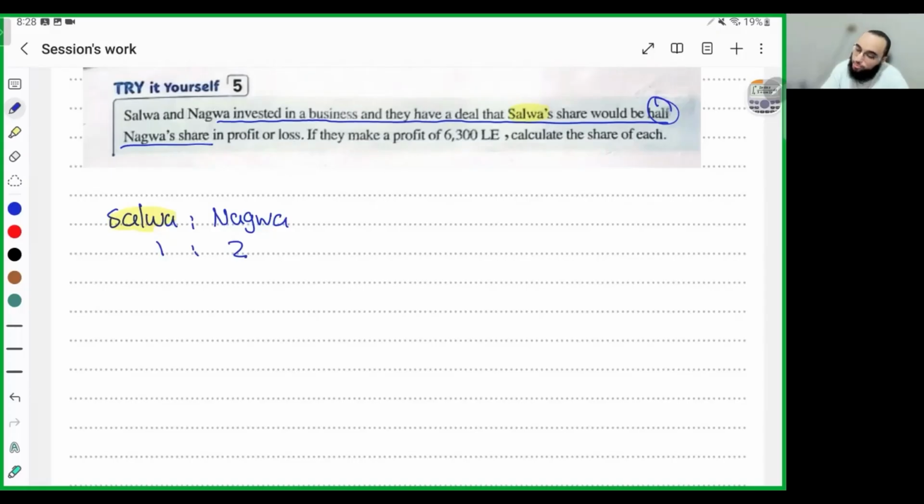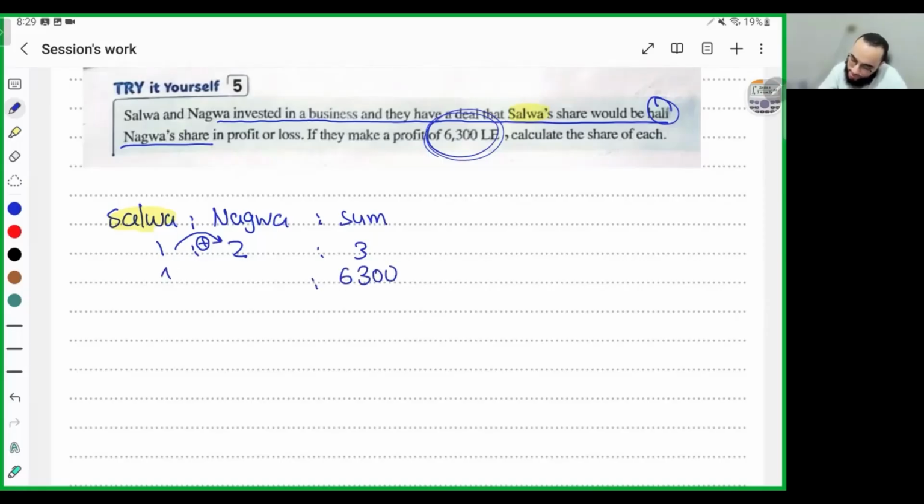Complete. They make a profit 6,300. Could you tell me, Yusuf, 6,300 is for Salwa's share or Nagwa's share or both together? Both together. Then it's a sum question. Firstly we have to add the ratios, and below the addition, 6,300.